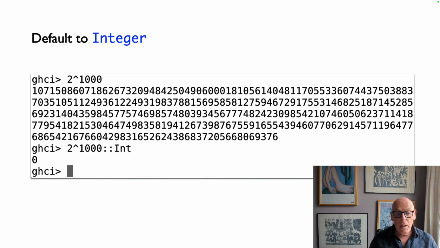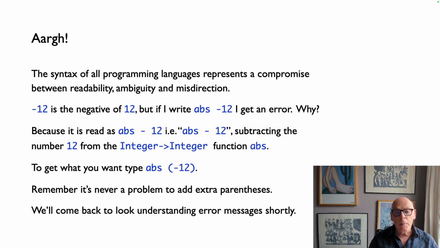Now, just one thing I wanted to point out, and we're going to come back to this quite shortly, is how we represent ordinary language inside the syntax of a programming language. The syntax of every language represents a compromise between making things readable and potentially getting ambiguity or misdirection.